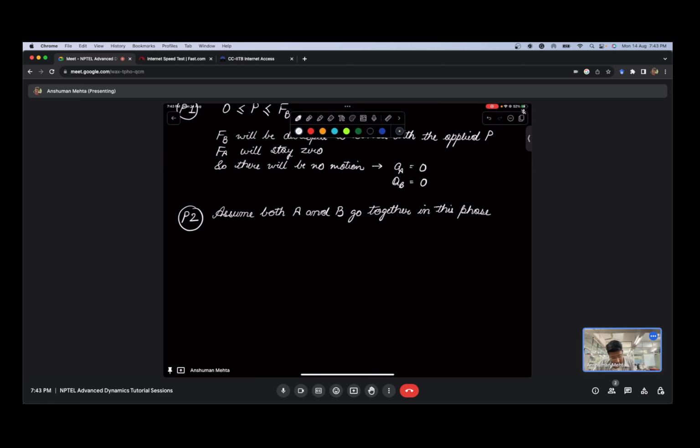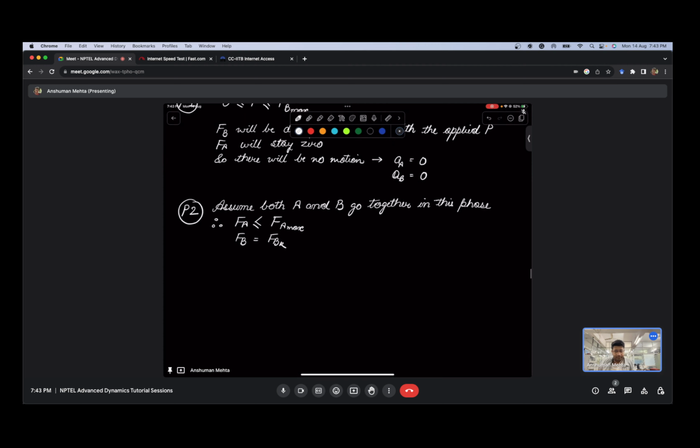Okay, so therefore f of A is less than equal to f of A max and f of B is equal to FBK.